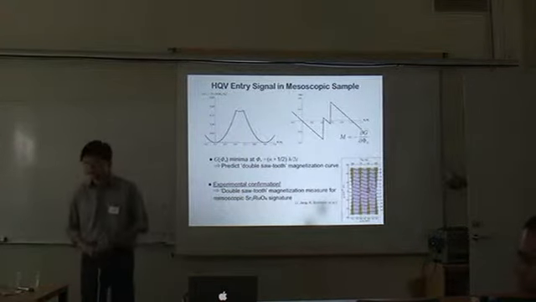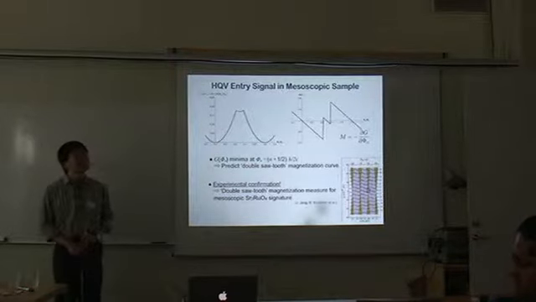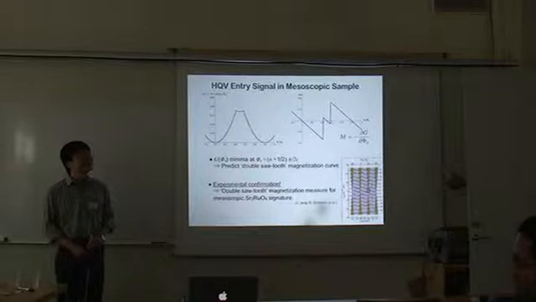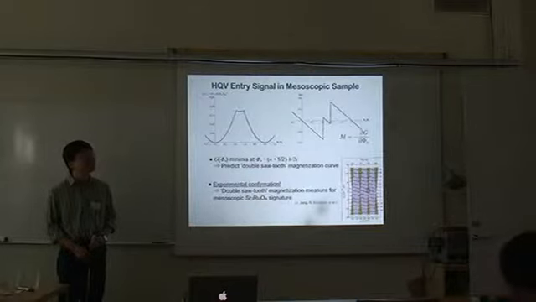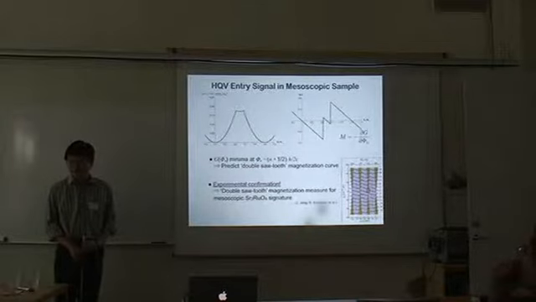What are the dimensions of the sample in terms of coherence length and penetration depth? Let's see. Penetration depth was like 0.1 micron. I think it was roughly comparable to the coherence length.